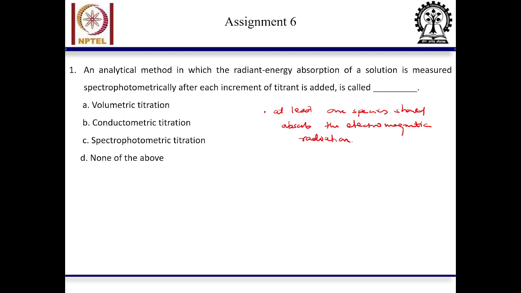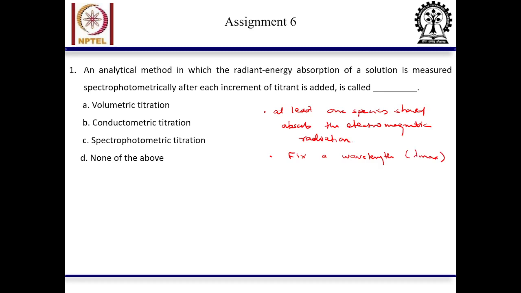If we have one species which is absorbing the electromagnetic radiation, we can monitor it via incremental addition of the titrant. While doing the experiment, you have to fix a wavelength, basically lambda max, for the species which is absorbing the electromagnetic radiation. So these are the two conditions.